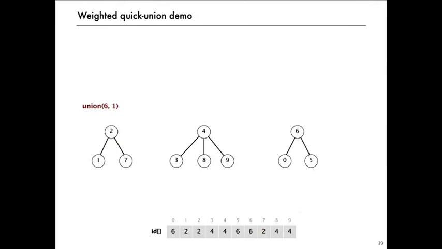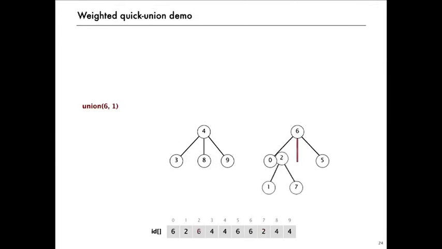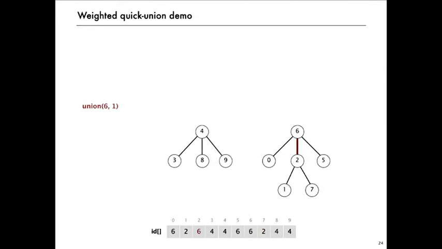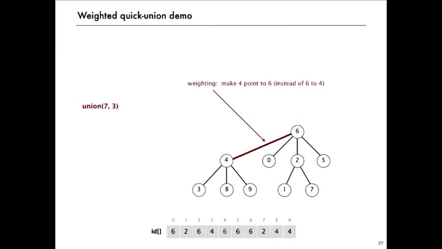They're in equal sized trees. And 7 and 3. 3's in the smaller tree, so it goes below. So the weighted algorithm always makes sure that the smaller tree goes below.